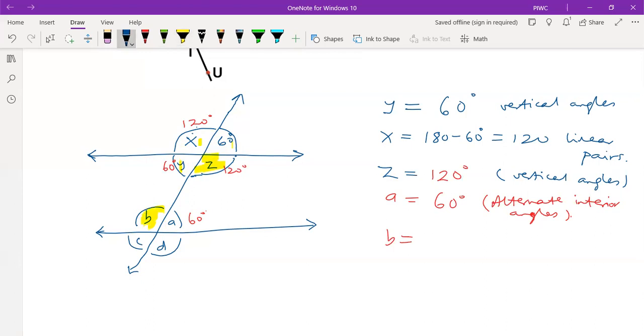So B should also be 120 degrees. Relationship is alternate interior angles. They're congruent.